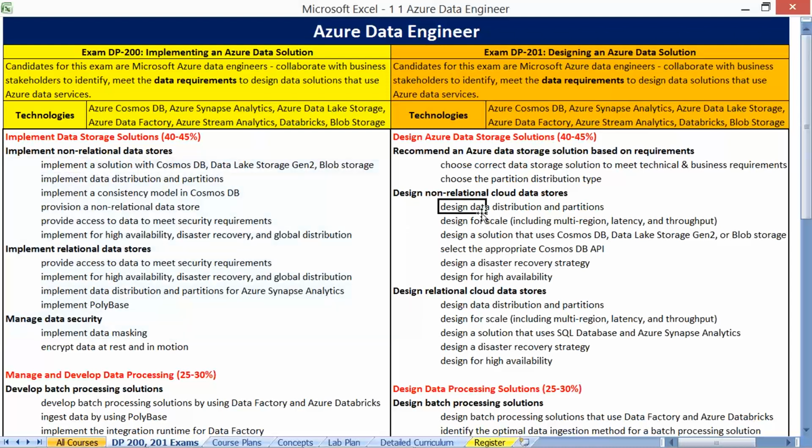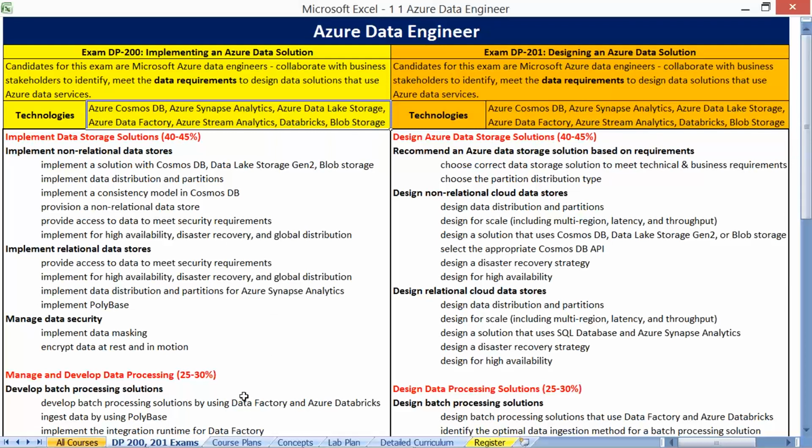So one is design and planning, the other one is implementation, and the technologies are the same. That includes Cosmos, Synapse, data lake storage, data factory, stream analytics, Databricks, and blob storage.